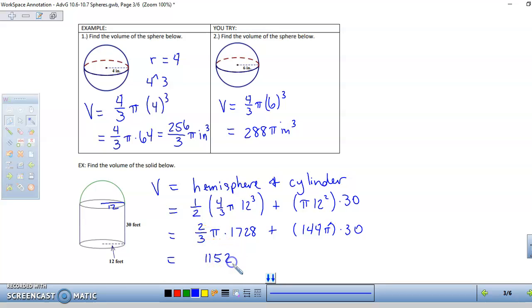In your calculator, you should get 1,152 pi. 144 times 30 is 4,320 pi. These both have pi, so they are like terms and you can combine them. So my final answer is 5,472 pi, and that is feet cubed.